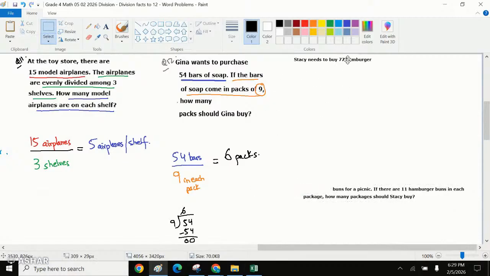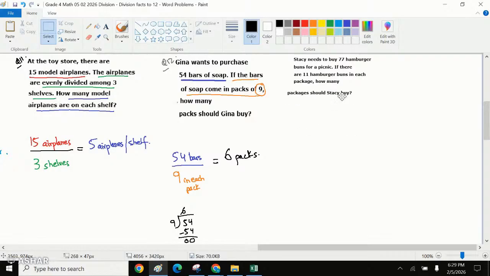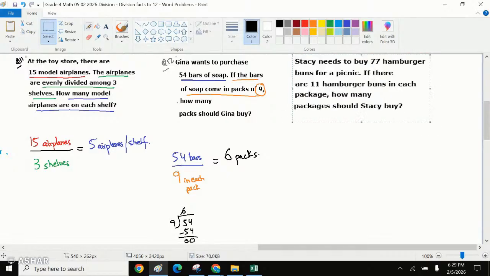Stacy needs to buy 77 hamburger buns for a picnic. If there are 11 hamburger buns in each package, how many packs does she need to buy? Let's say this is our question number 13.